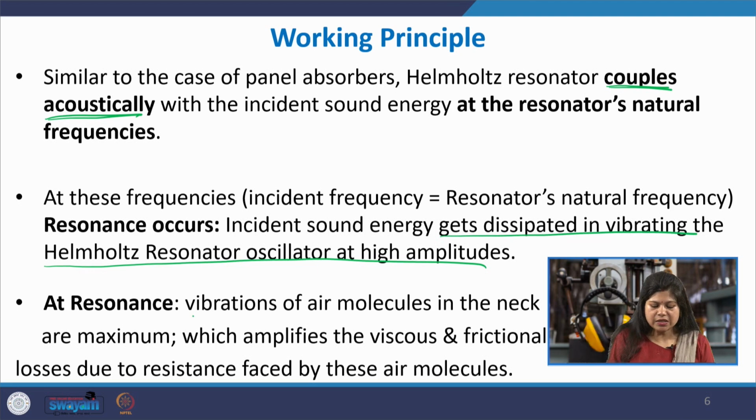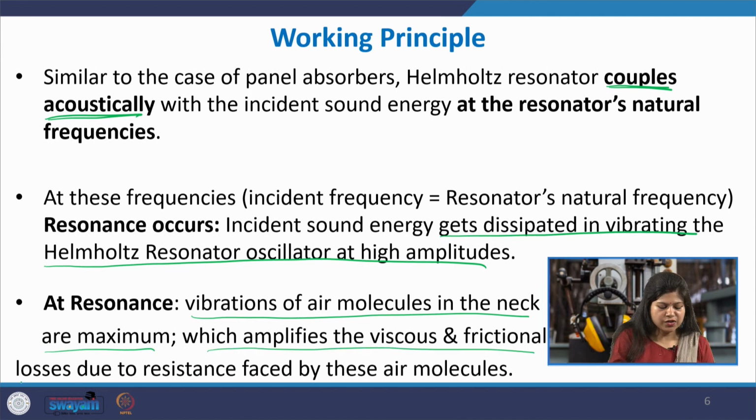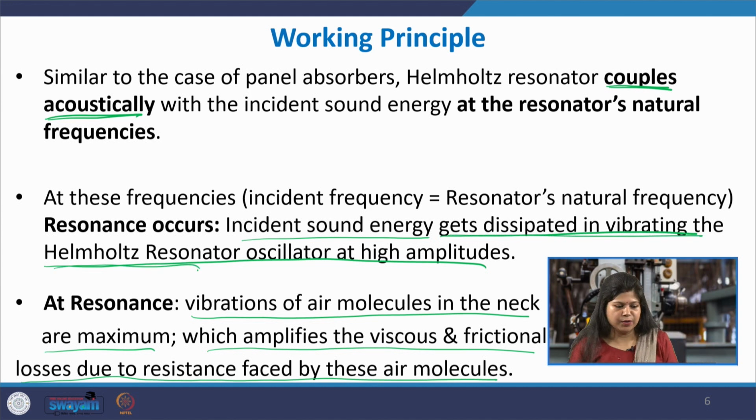At resonance, the vibrations of the air molecules in the neck are maximum, and this amplifies the viscous and frictional losses due to the resistance faced by these air molecules, and the energy also gets dissipated in doing work vibrating this oscillator at high amplitudes.